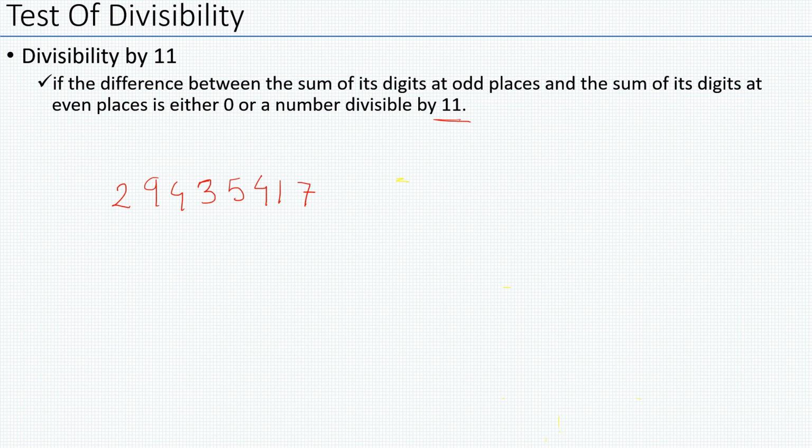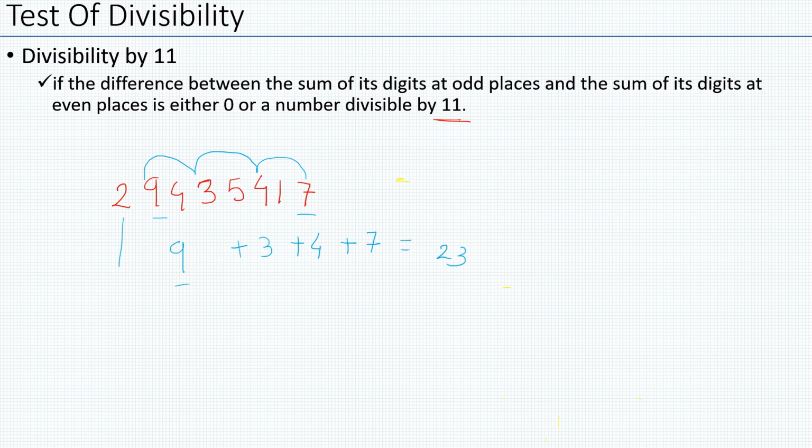This is the zeroth place. So 7 plus 4 plus 3 plus 9, the digits 7, 4, 3 and 9. So this is equal to 23.